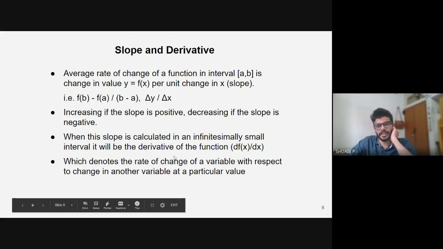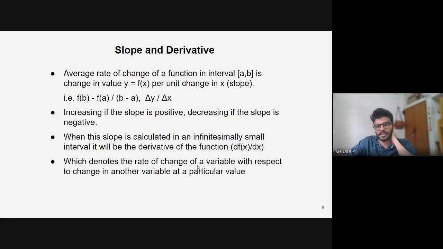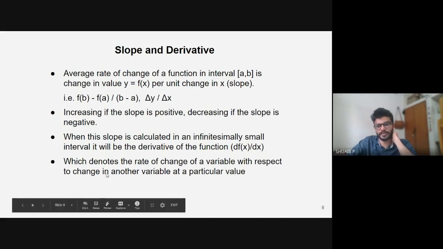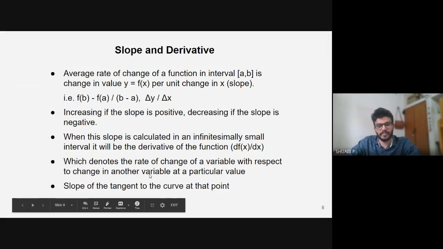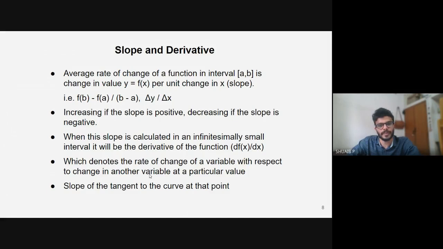So this derivative of the function denotes the rate of change of that variable with respect to the change in another variable at a particular value. And this derivative will be the slope of the curve of that function at that particular point.